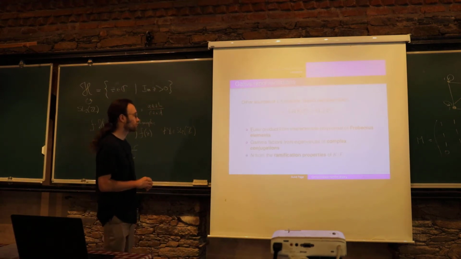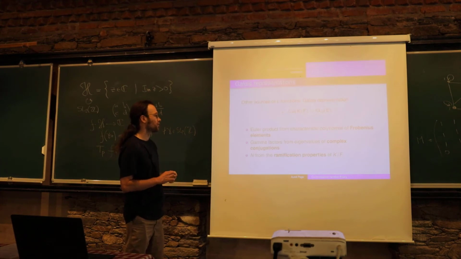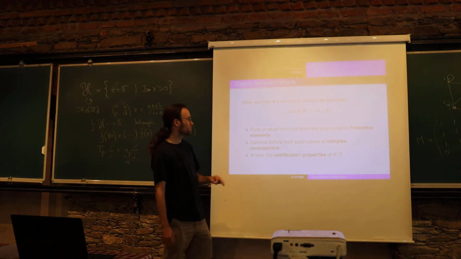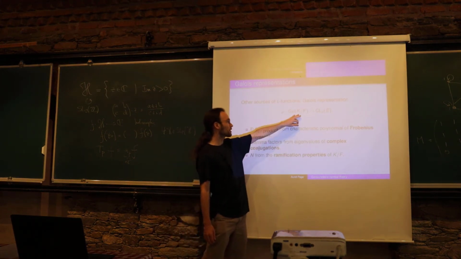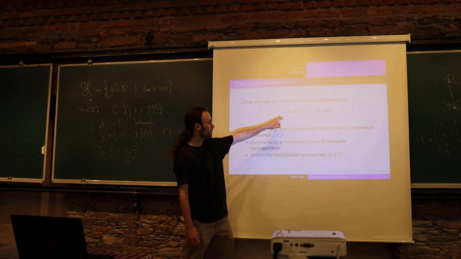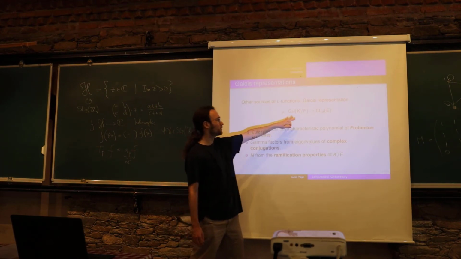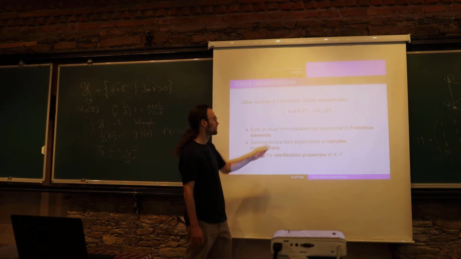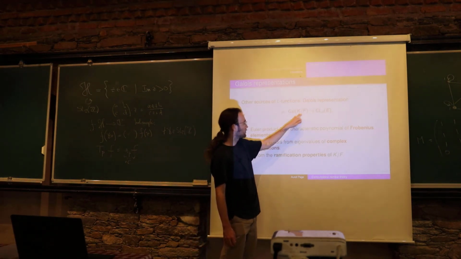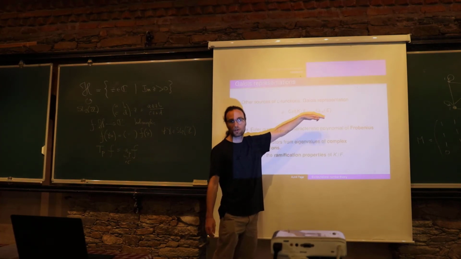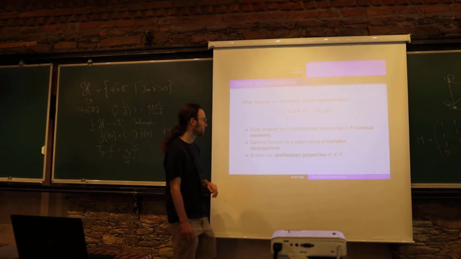And another source, which is actually related to the previous one, is what are called Galois representations. So remember that we can attach a Galois group to certain extensions of number fields. In fact, it could be finite or infinite, but it's enough to think about finite for now. So a Galois representation is just a morphism of groups from a Galois group to some GL_d of E, where E is some field of coefficients.